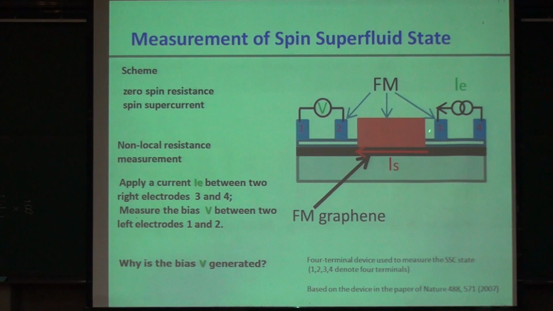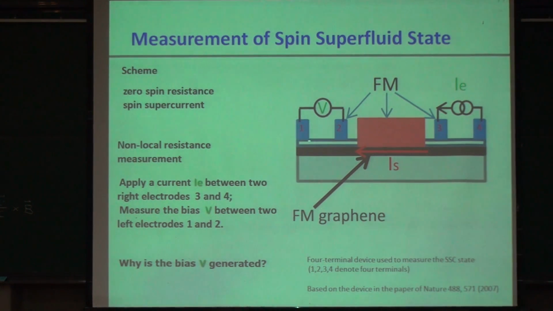Since it's a ferromagnetic contact, it can also make spin excitations. Once you have spin excitations, although there's no charge current passing through, the spin current can pass through this system. In terms of spin it is a metal, a conductor, so spin can pass through although no charge passes through.